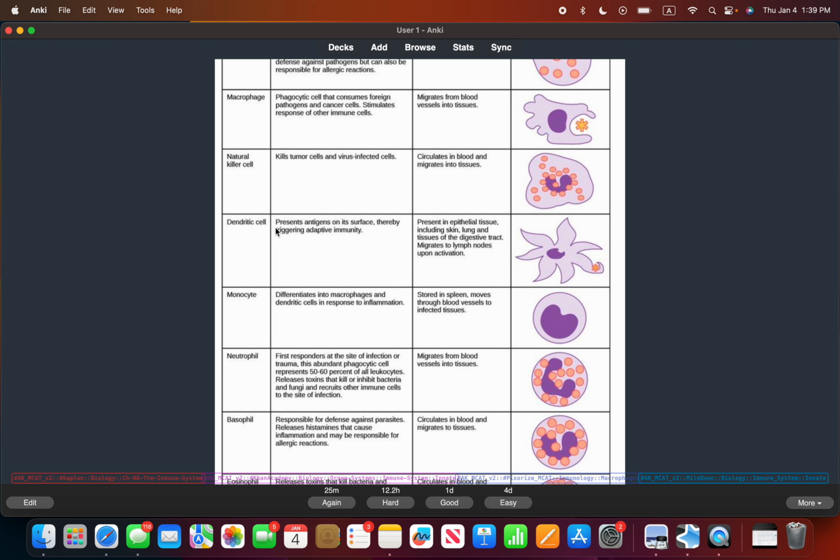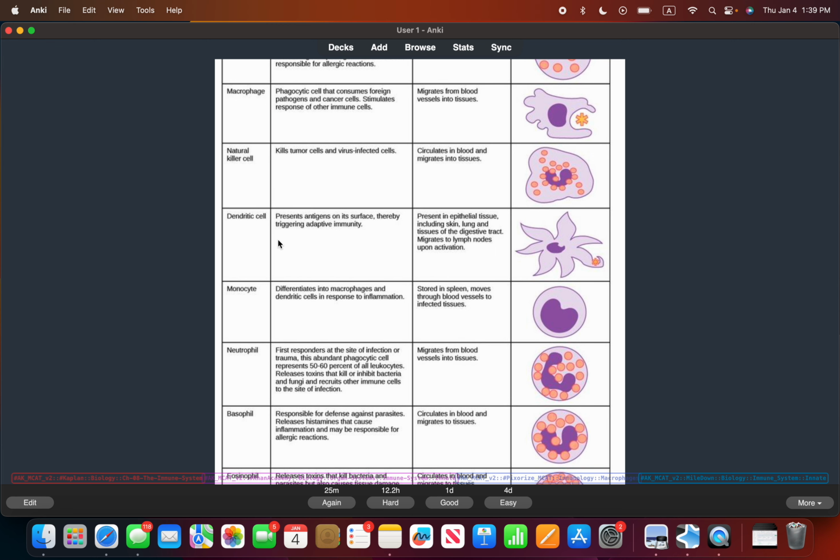We have the dendritic cells. They present antigens on their surface, thereby triggering adaptive immunity. So dendritic cell is an adaptive immunity cell. It is present in epithelial tissues like our skin, lung, and tissues of the digestive tract.